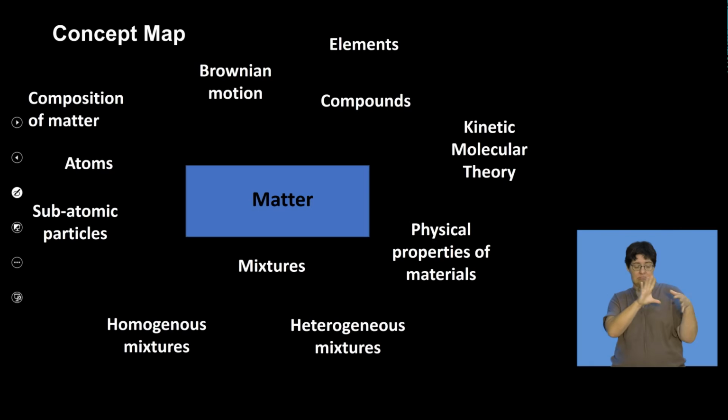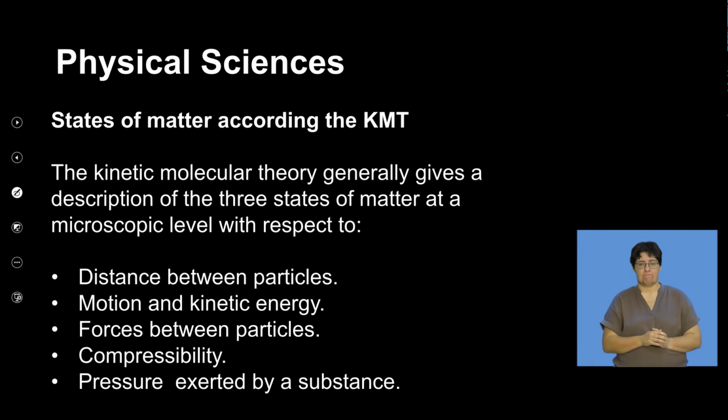Having said that, the kinetic molecular theory, as a model, gives us a description of the three states of matter at a microscopic level, as we would have seen in the second segment when we looked at the simulation involving a fixed mass of a gas being heated, saying that this form of matter, which was a gas, is composed of particles, and also these particles are in a constant state of motion.